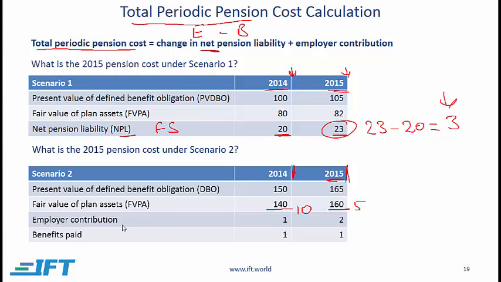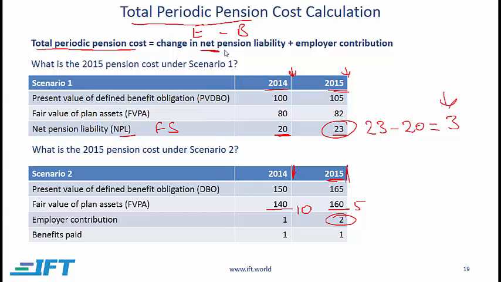The employer contribution in 2015 is 2. So we don't consider the employer contribution in the previous year. Certain benefits are paid, but in our calculation we do not consider the benefits paid because these impact both the obligation as well as the plan assets.